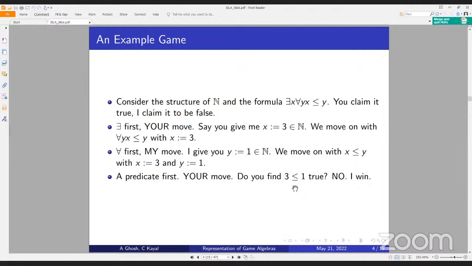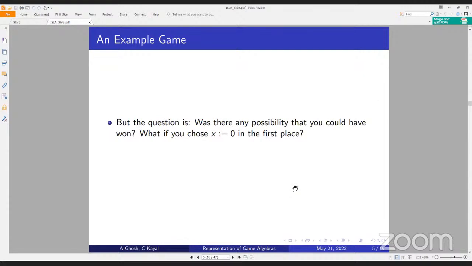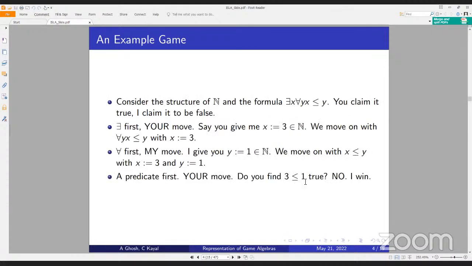The question is, was there a possibility of you winning? What if you chose x equal to 0 in the first place? Then you could have won, since I won't find anything else through y that contradicts this claim.